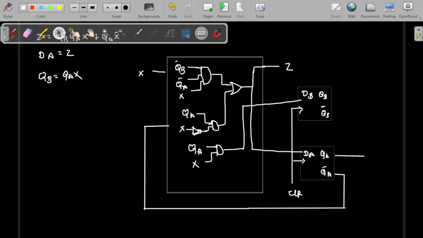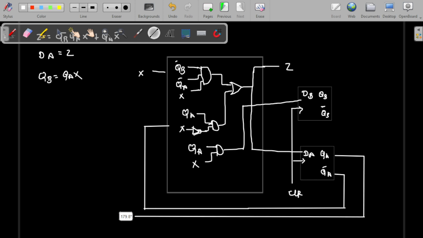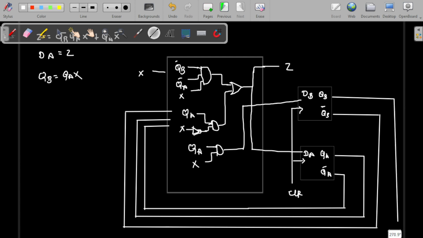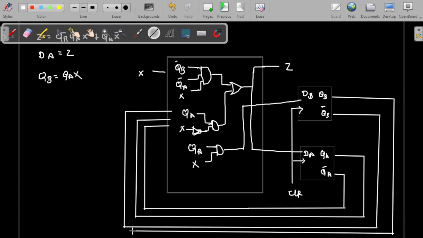Okay, so this is QA bar. So now we have to connect QB bar, which is also simple like this. So this is how a Mealy machine can be built. Any state of things that you can take, based upon the analysis, we can design any kind of circuit that is needed.